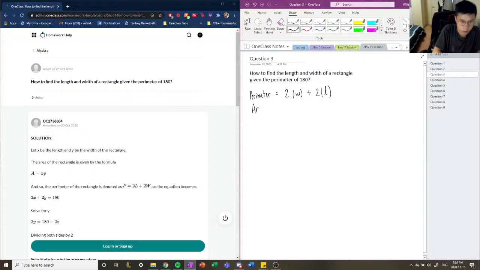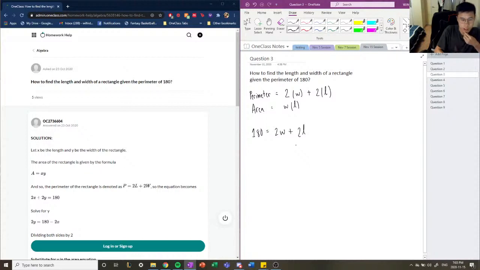Our area can be calculated as the width times the length. Okay. So we're given the perimeter of the rectangle, which is 180. So we need to find the width and the length from that. Okay. So let's plug in 180 first. So 180 equals 2W plus 2L. All right.